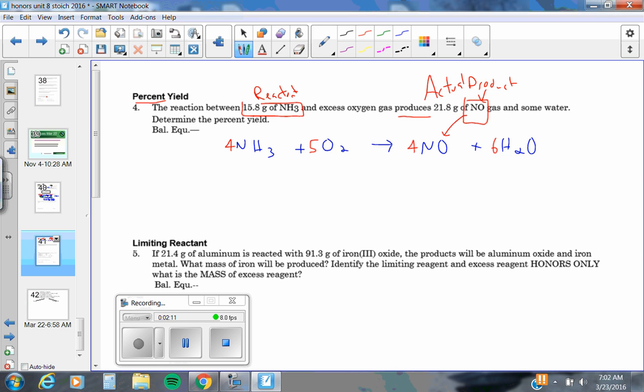So when I look at 15.8 grams of NH3, how do I convert to moles? 1 mole of NH3 is, an N is 14, 3 H's is 3, which is 17 grams. So when I divide that out, I'm going to get 0.93 moles.